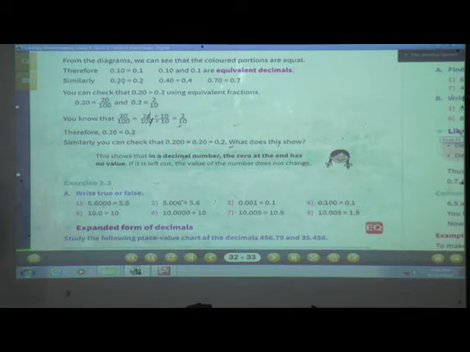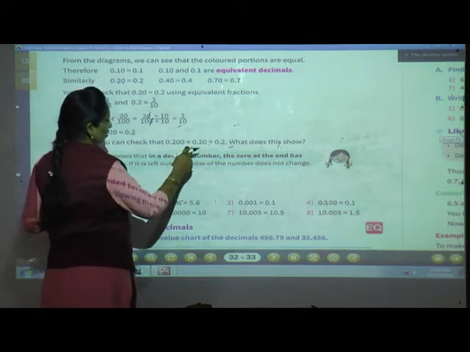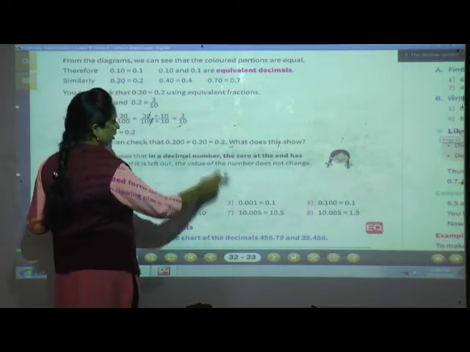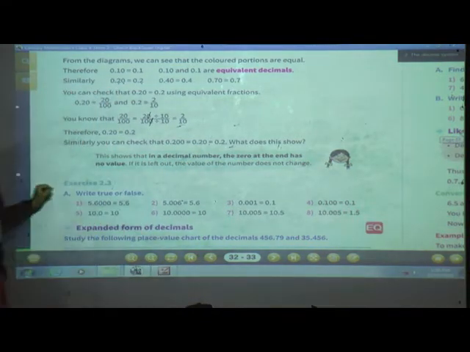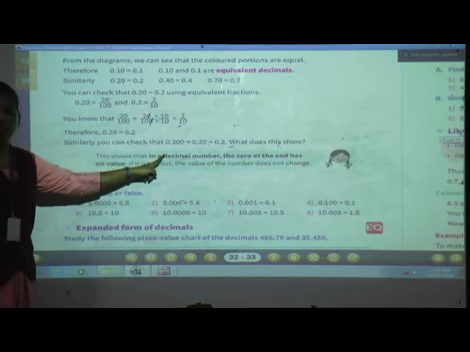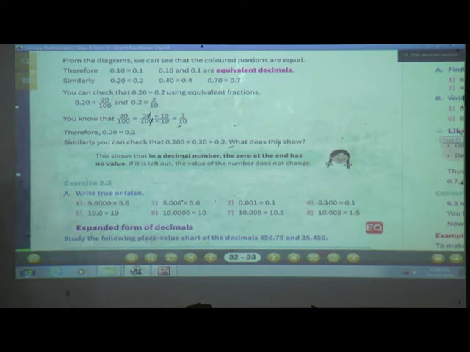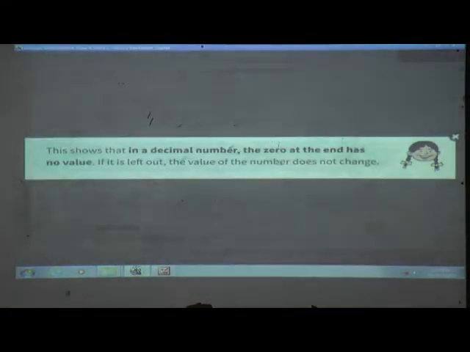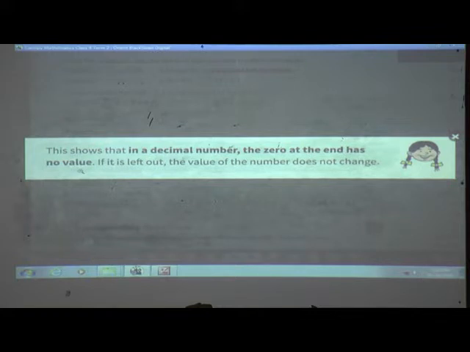Similarly you can check that 0.200 is equal to 0.20 is equal to 0.2. What does this show? I have shown you with the example of 0.400, isn't it? So this shows that in a decimal number the zeros at the end have no value.